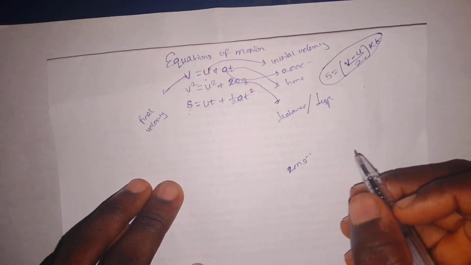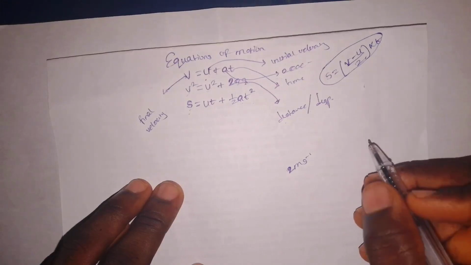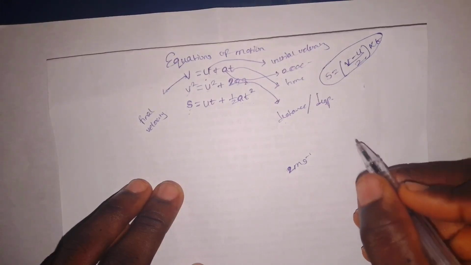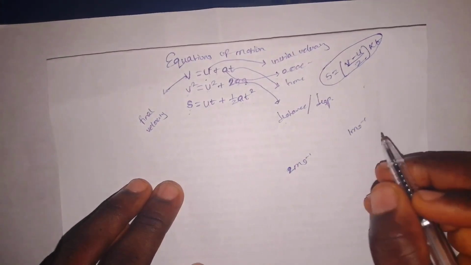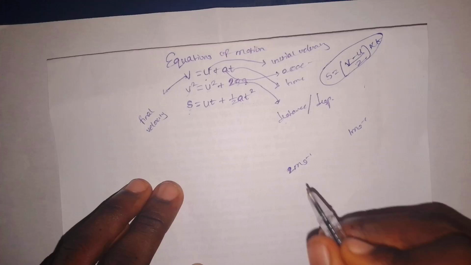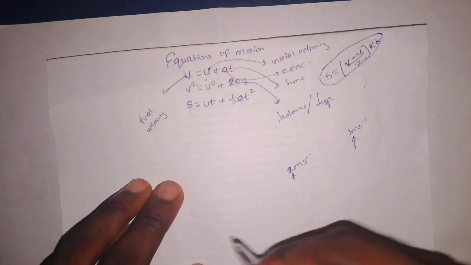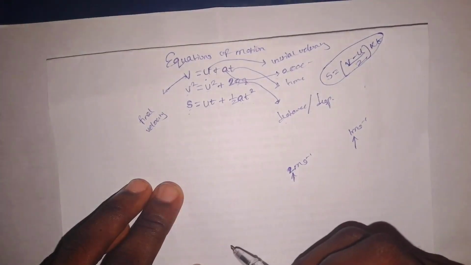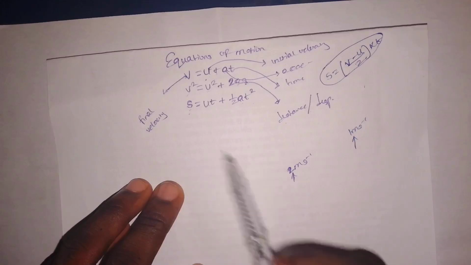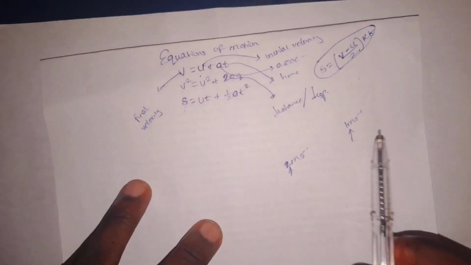Then the car comes to rest with a velocity of 1 meter per second. Now the initial velocity is only this one, while the final velocity is only this one, from the word final. So initial is this one, then final is this one.